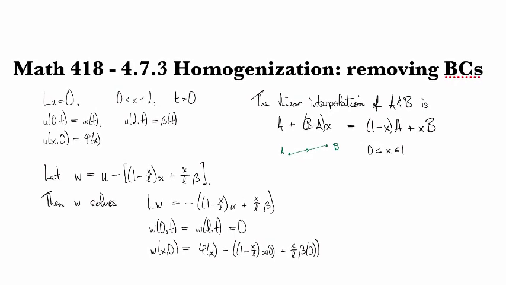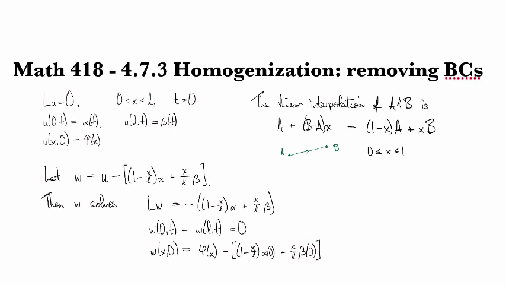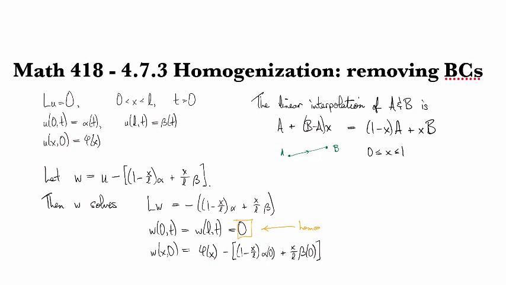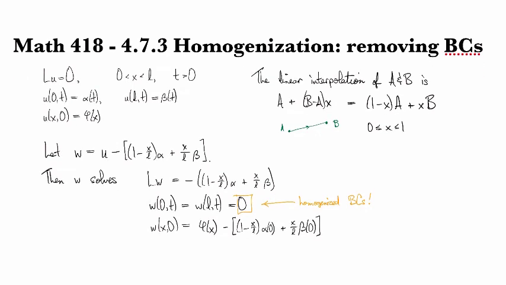All right. And maybe I'll stick with those square brackets just because it apparently makes me happy. Okay, but the key point is that now, right here, we have homogenized the boundary conditions. And so then that means we'll be able to apply some other solution technique.